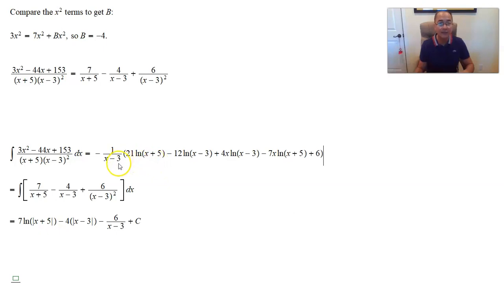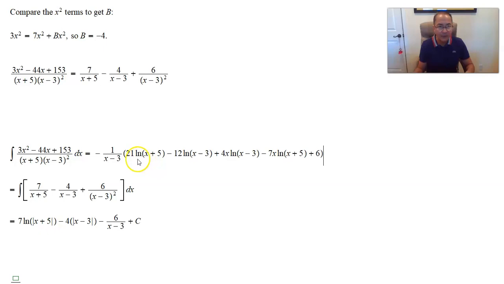But it's cheating. It has an x minus 3 here, and it's shared with all the terms. So sometimes Maple does not exactly give us an answer that looks nice. But we do see parts of it. Minus 1 over x minus 3 times 6, that's a minus 6 over x minus 3 squared. Look at the x plus 5s.